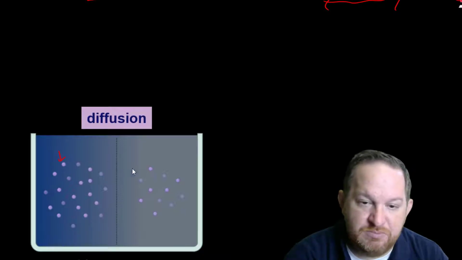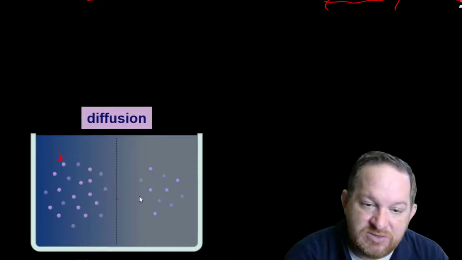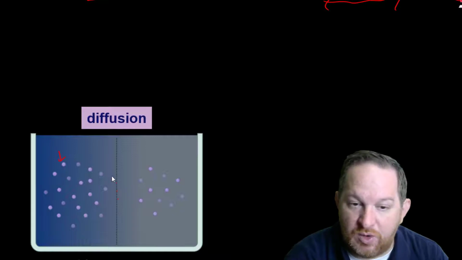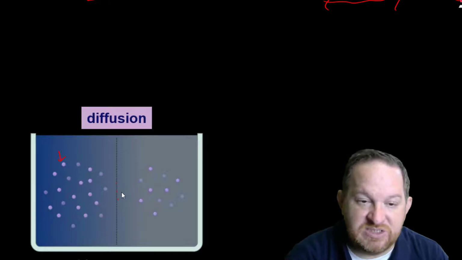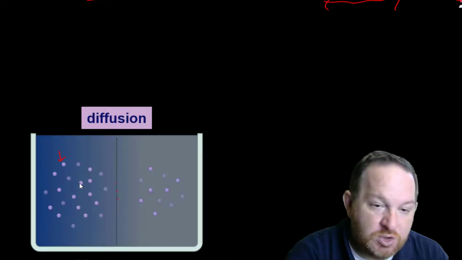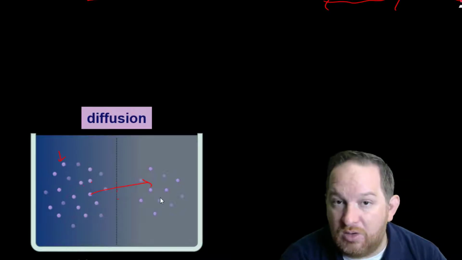Let's say they're salt. If the membrane allows the salt to go across, right, it's got big enough holes that the salt can go through, or it has the right receptors, channel proteins for it to go through, the salt molecules, or sugar, whatever these molecules are, will naturally diffuse from a high to a low concentration.